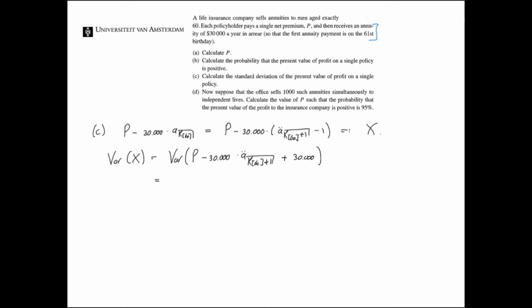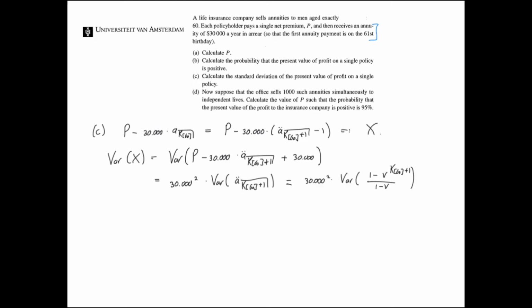And we use that we can take the minus 30,000 out of the variance, so it's 30,000 squared, times the variance of this object, which is the annuity due for somebody aged K60 plus 1. Okay, and then let's use a formula, the one we used before for this annuity, which was equal to 1 minus v to the power K60 plus 1 over 1 minus v.